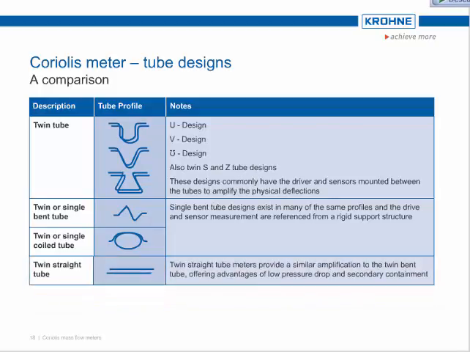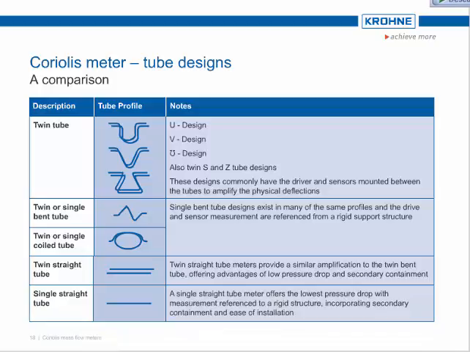Twin straight tube meters provide a similar amplification capability to a twin bent tube design, but offer advantages of lower pressure drop and secondary containment inherent in the design. A single straight tube meter provides the lowest pressure drop, with the measurement again being made to a rigid reference structure. The meter structure is similar to the twin straight tube meters and offers secondary containment and ease of installation.